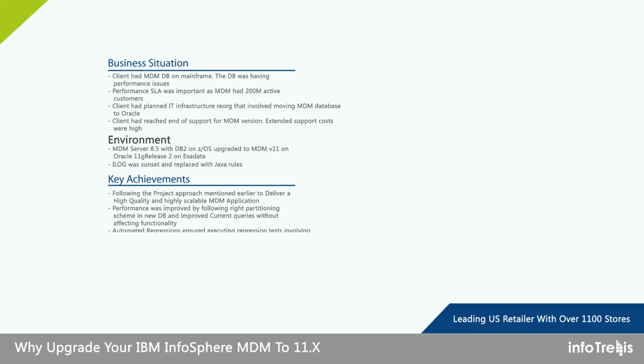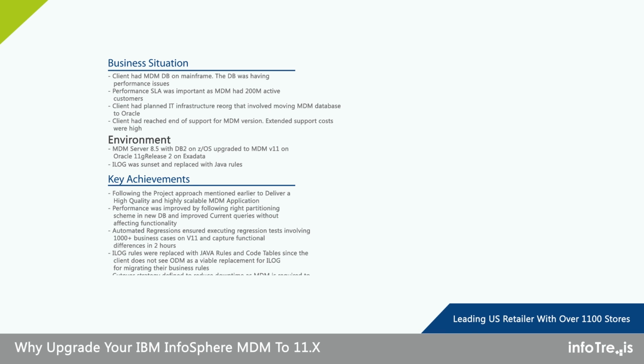Automated regression testing allowed the execution of regression tests involving 1,000+ business cases on V11 and the capture of functional differences in only 2 hours. Number 4. iLog rules were replaced with Java rules and code tables since the client did not see ODM as a viable replacement for iLog for migrating their business rules. Number 5. A cutover strategy was defined to reduce downtime as MDM is required to sell application for the customer.